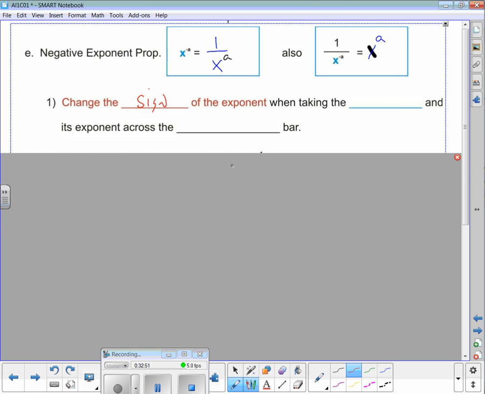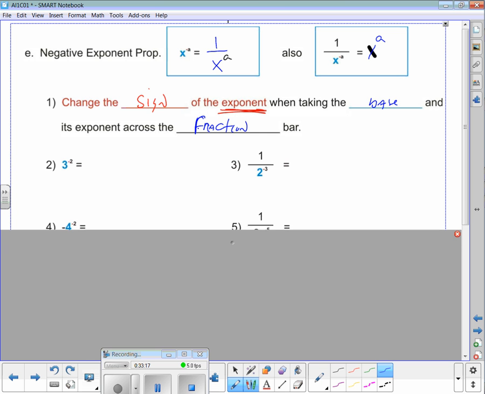Do you change the sign of the base? No. The sign of the exponent. When taking the base and its exponent, only the base, across the fraction bar.